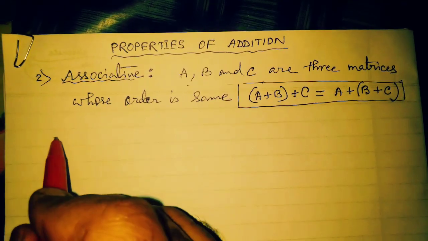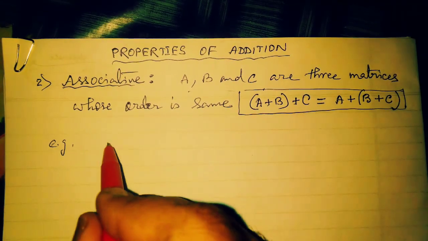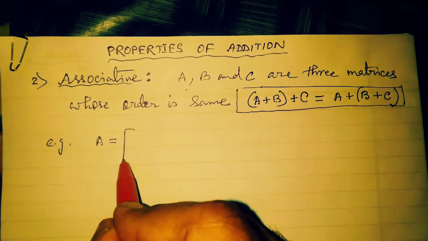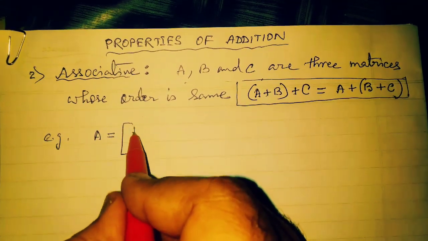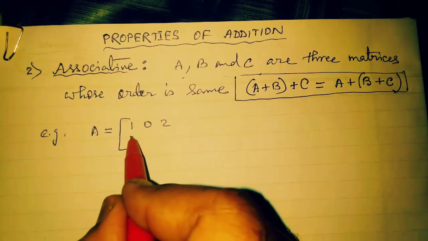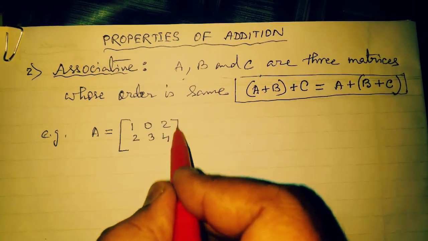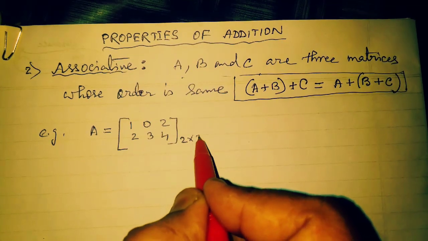Let's take an example. Suppose A is given as 1 0 2 2 3 4. This is a matrix of order 2 into 3.